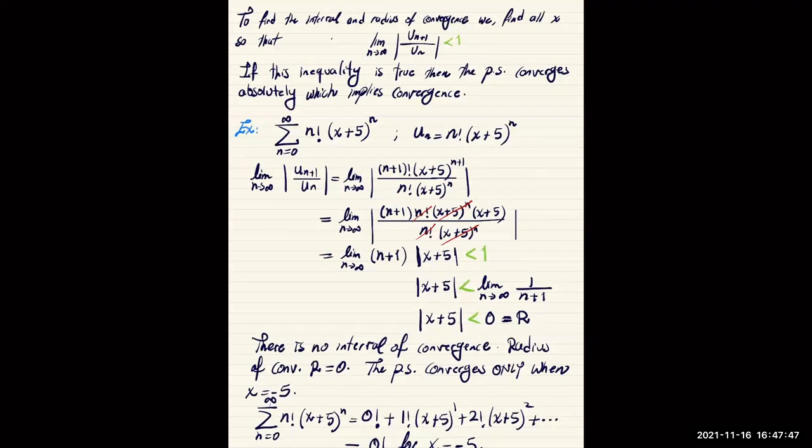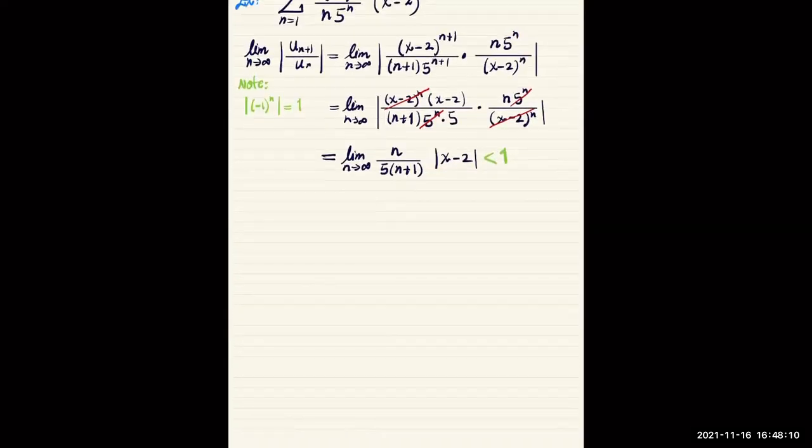As you see, I got rid of that whole thing by dividing, and then I took the limits. I wouldn't want to take the limit here because if I do, I'm going to get like infinity times absolute x plus 5 less than 1, which kind of would look weird. So I get rid of the limit and then take the limit.